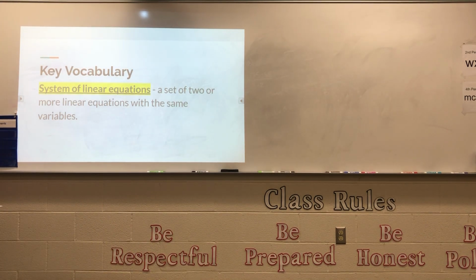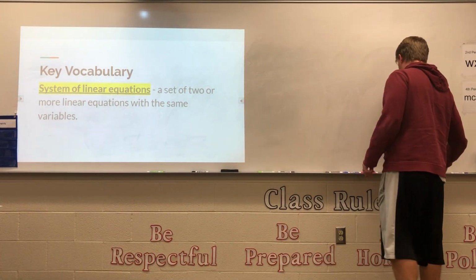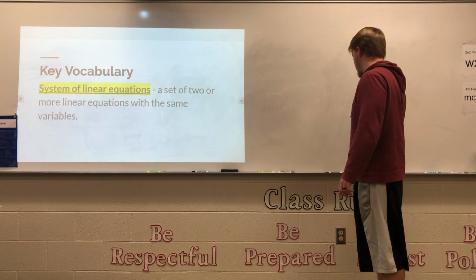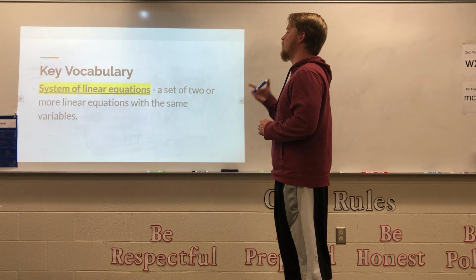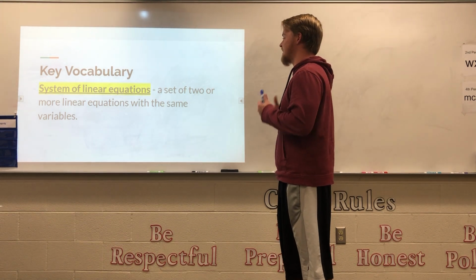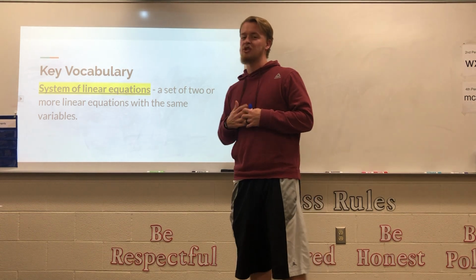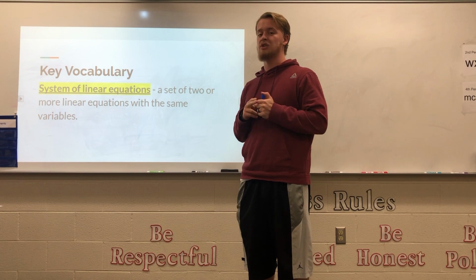So obviously we need to know what systems of linear equations are. So that's what this is going to show us. This definition says a system of linear equations is a set of two or more linear equations with the same variables. It says two or more, but in 8th grade you're mostly just going to deal with two linear equations at the same time.